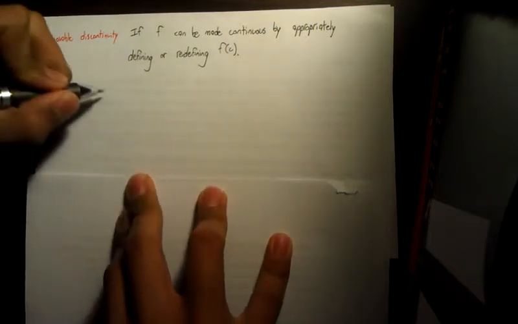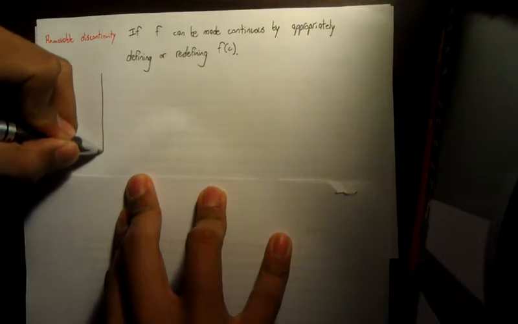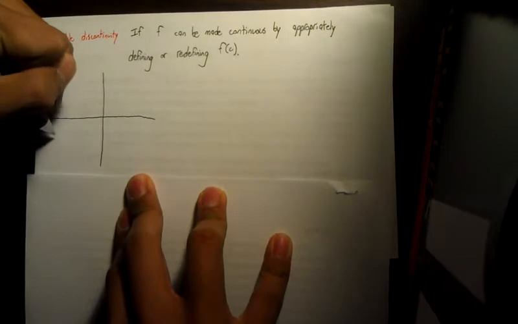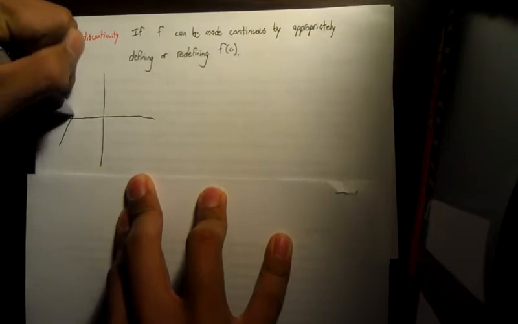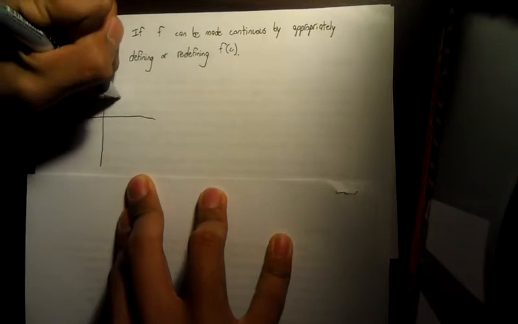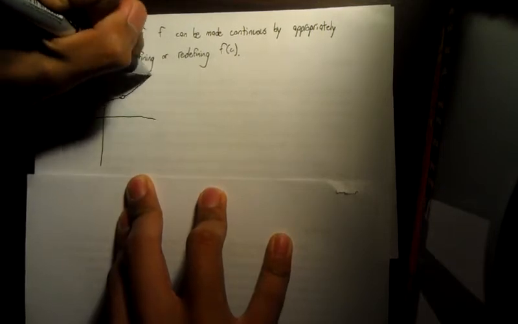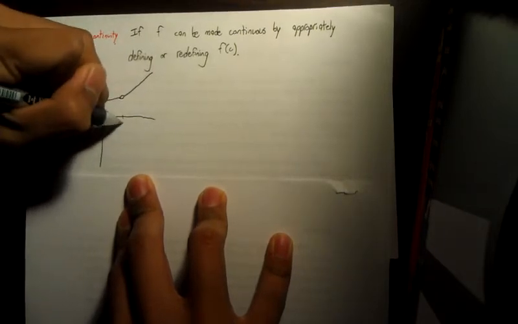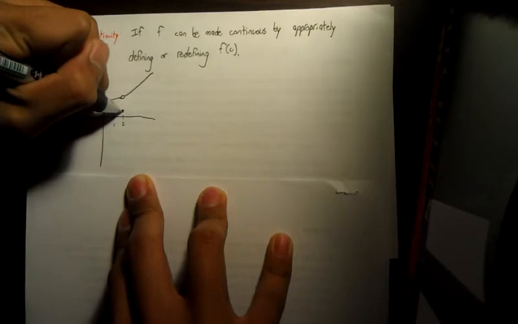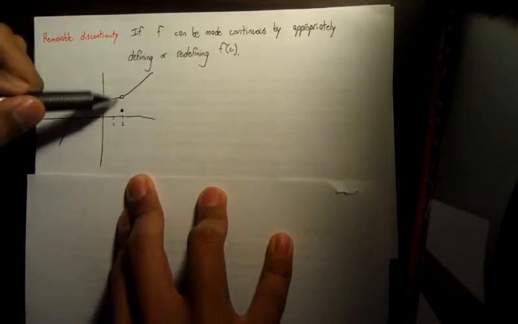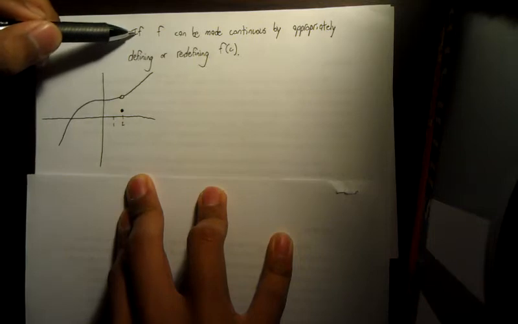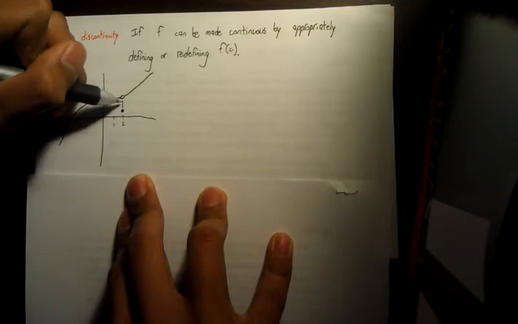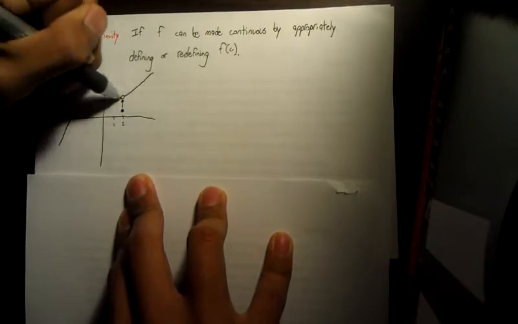So say you are given a graph such as this one, and say, just make that 2 again. This would be a removable discontinuity because you can make f continuous if you just redefine this point into that spot right there. Then the function would be continuous all the way through.